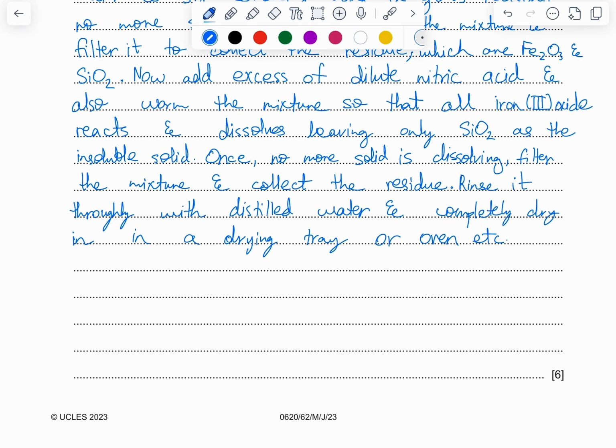In labs there are also ovens for drying stuff, right? It is normal, so we can use the word oven, all right, etc.